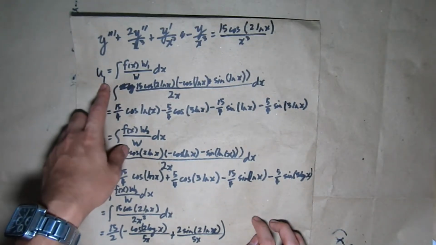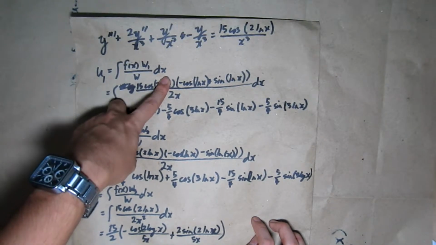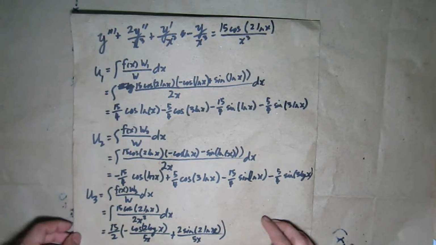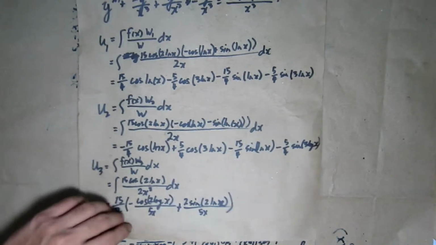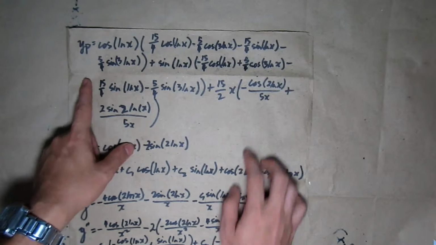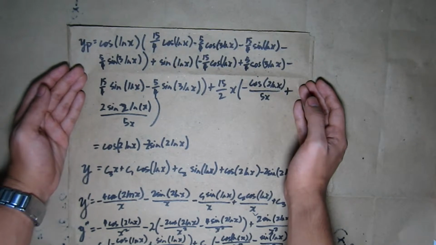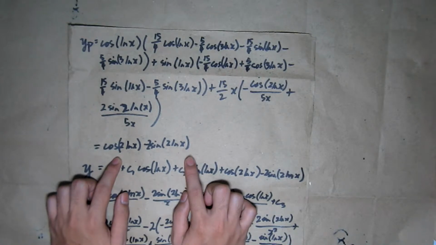As you can see here, u sub 1 is just the integral of f of x times w sub 1 over w dx. So we have that, and then it follows through to u sub 2 and u sub 3. After solving u sub 1, u sub 2, and u sub 3, we now have a value of y sub b, which is this huge expression, and then we simplify it, and we have y sub b is equal to cosine of 2 ln x minus 2 sine 2 ln x.